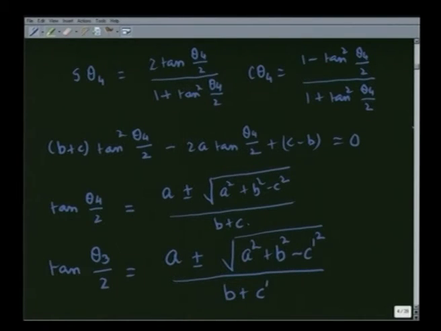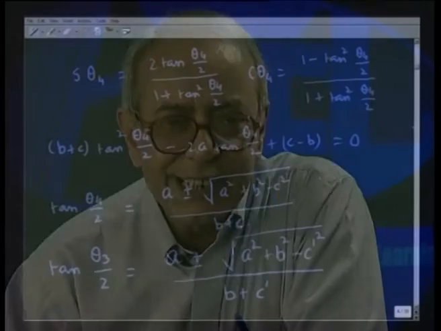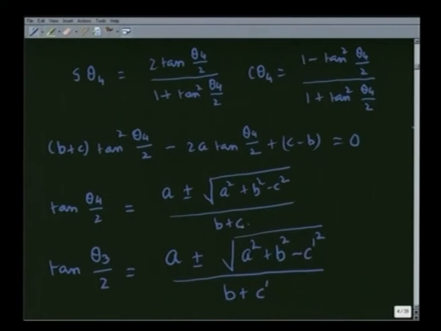As we might have remembered, the quantities a and b did not involve L4 or L3. a was sin theta 2 and b was cosine theta 2 plus L1 by L2. However, the quantity c involved L3 and L4. That is why we have to replace c by c prime, and the expression of c prime also will be very similar to c, and we have to interchange L4 by minus L3 and vice versa.